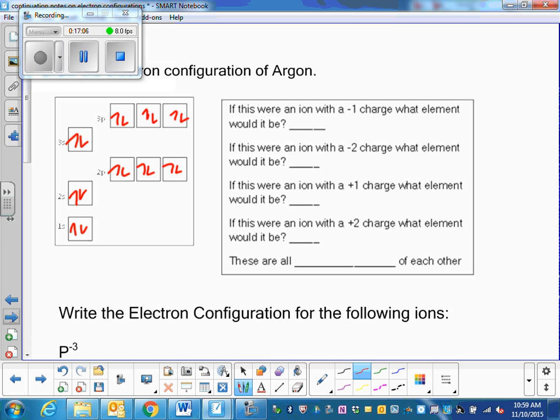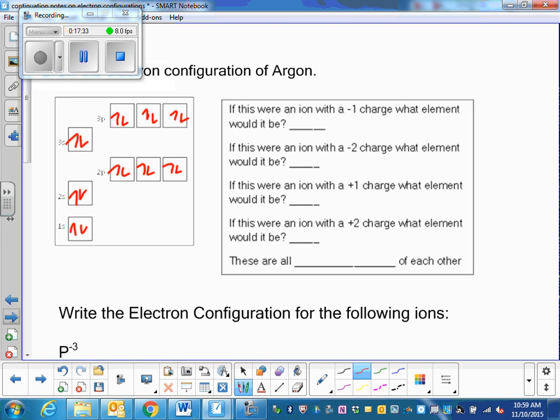Let's look at the periodic table now and locate argon on the periodic table. All of you look for argon. Which is the element that can gain an electron and have the same number of electrons as argon? Chlorine. Do you see that?